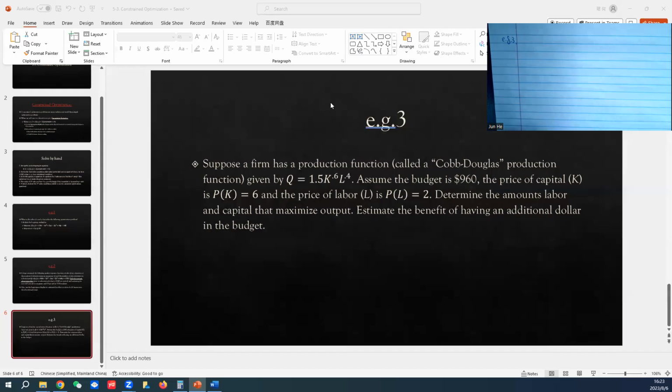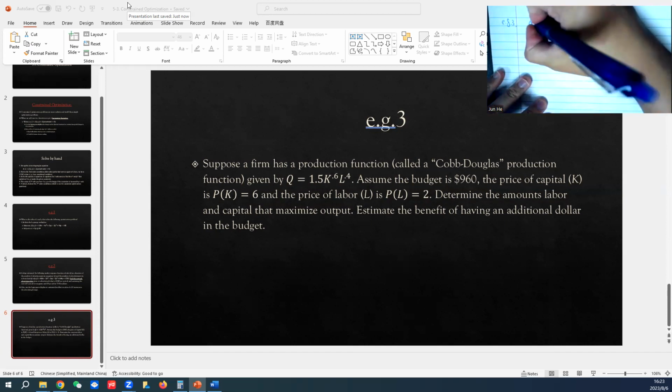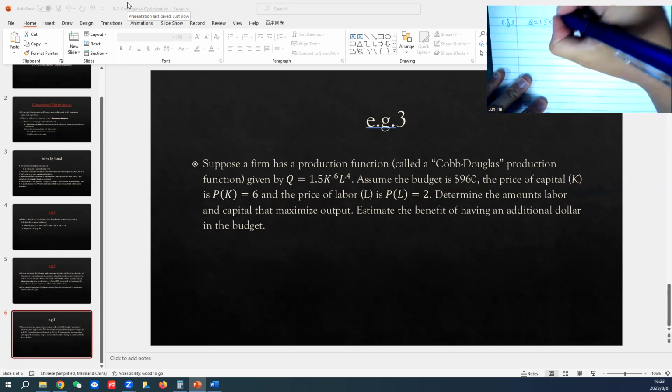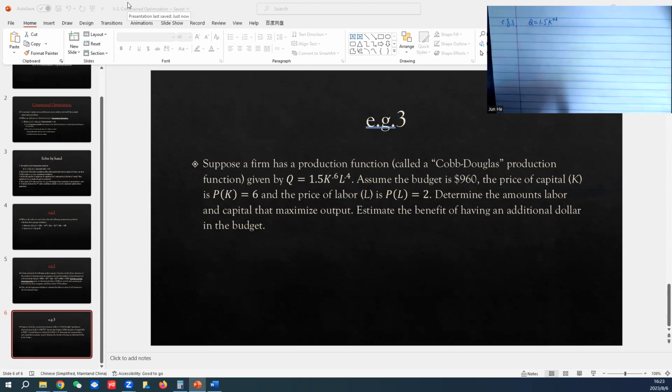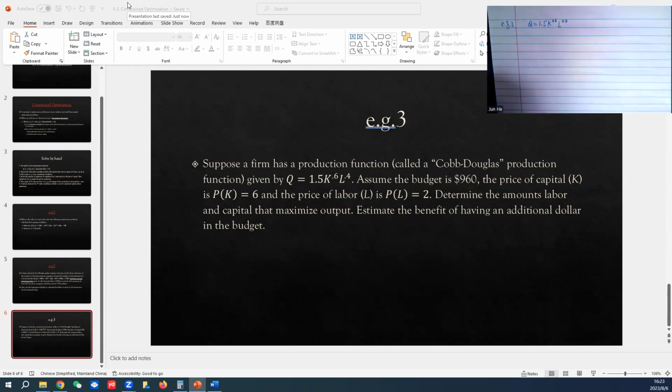Here is example 3 of this problem on page 6 of slides 5-3. Suppose a firm has a production function, also called a Cobb-Douglas function, given by Q equals 1.5 K to the power of 0.6, L to the power of 0.4.